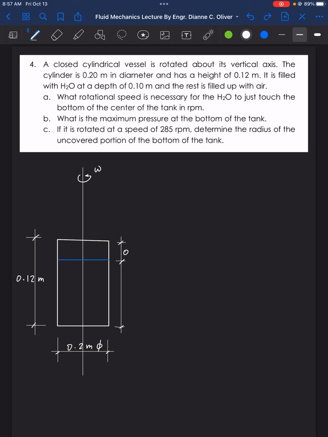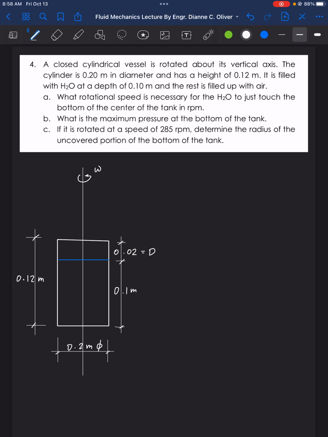The 0.1 is here, 0.1 meter, and this is 0.02. And this is filled with air. This is the height wherein it is only filled with air.